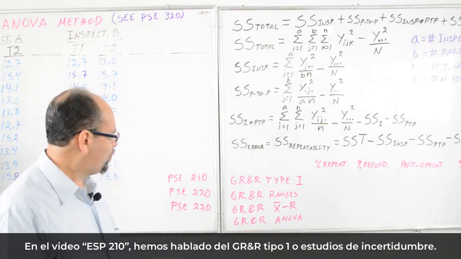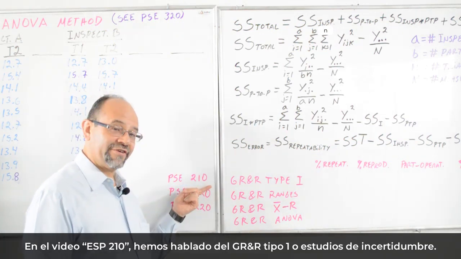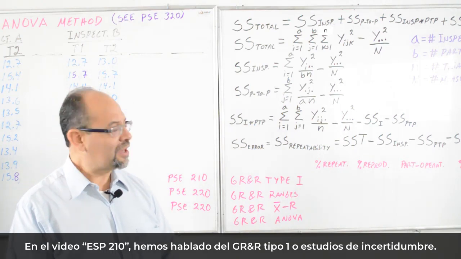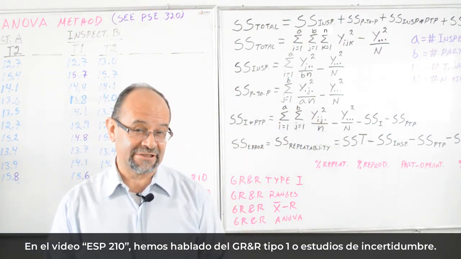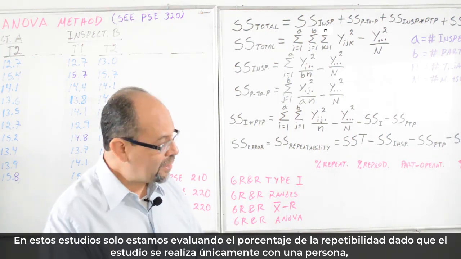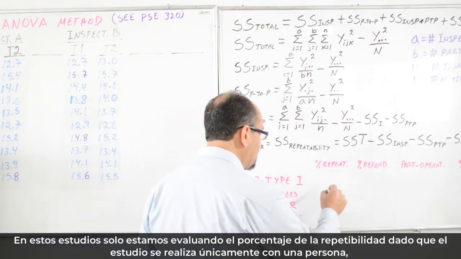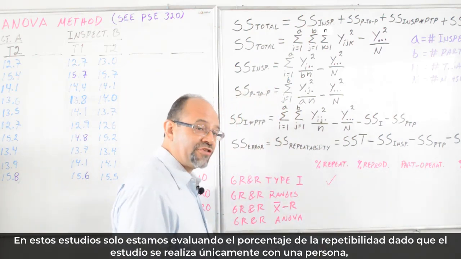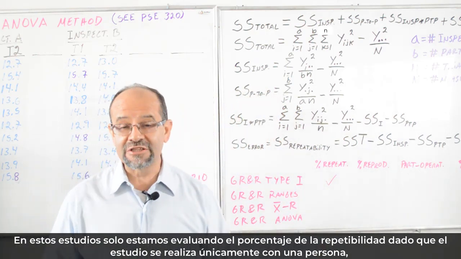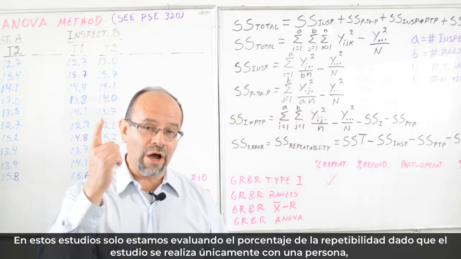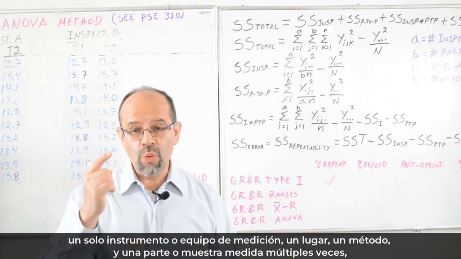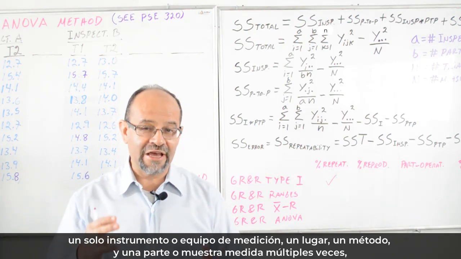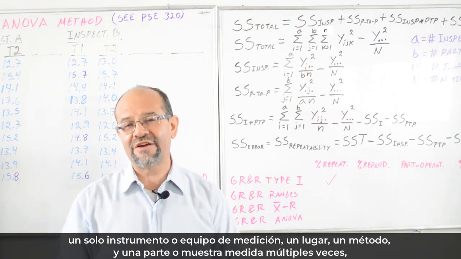In the video Problem Solving Expert 210, we talked about the GR&R Type 1 or uncertainty studies. In that one, we are basically just evaluating the percentage of repeatability, because the study is done by only one person, one measurement instrument or equipment, one place, one method, and one part measured several times.